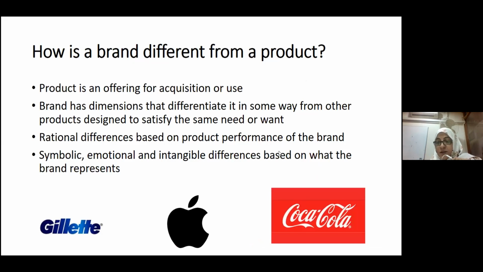This could be for your revision, and for all others, it could just be a recap: while a product is available in the market, which can be bought, a brand has certain dimensions which help us in differentiating it from all the competing brands that are available in the market.